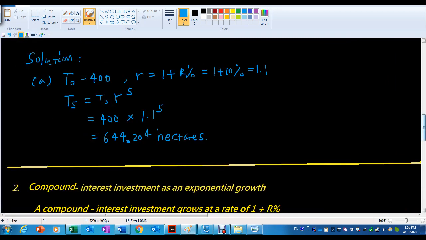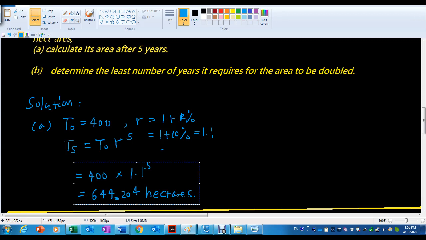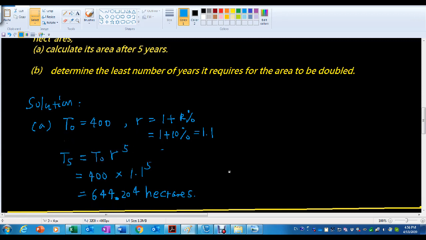We need a bit of space for our part B, so let's move that to here. How about part B? Determine the least number of years it requires for the area to double. In this case, you need to find the number of years.